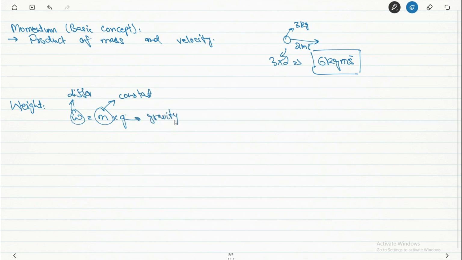So you would weigh less on Mars, for example, or the Moon, but your mass would be the same, right? So the unit of weight is Newton because it's a force. Or the base units are kg meter per second square, which is force, right?